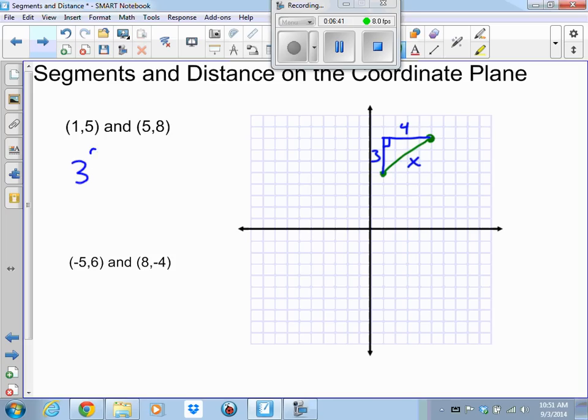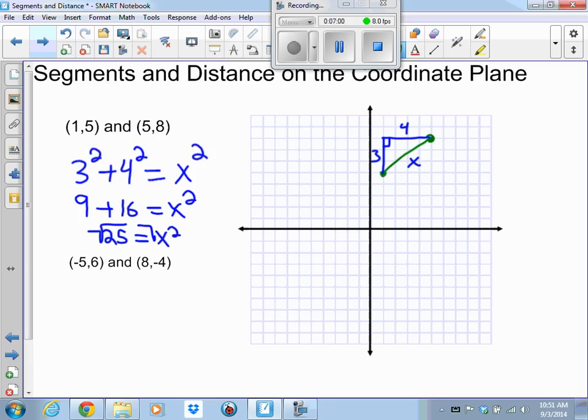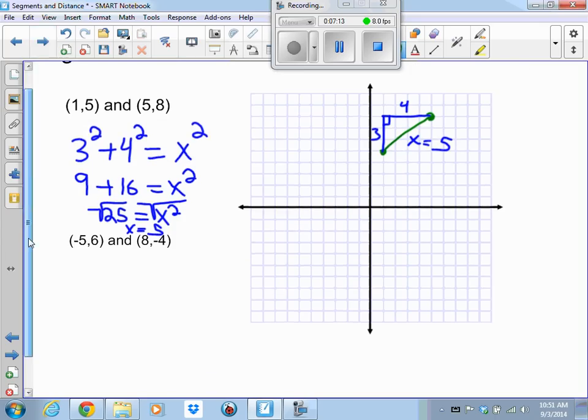So we have 3 squared plus 4 squared equals x squared. We're going to simplify. 3 squared is 9, plus 16 is x squared. This is 25 is x squared. Take the square root of both sides, so x equals 5. So here x is 5. We'll learn the long formula later, but for now we're just going to use this.